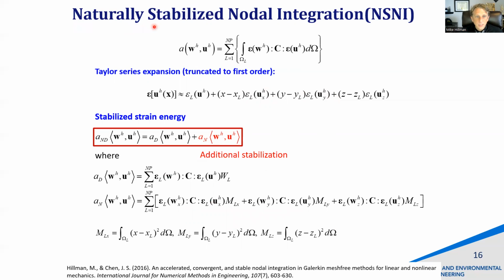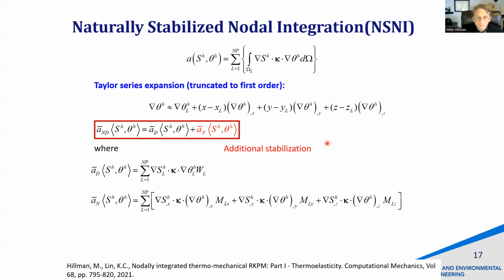Now we call this naturally stabilized nodal integration because these terms here are nothing but the moments of inertia. So you can consider it that it's a very natural way to do stabilization. Okay, we did the same thing for the temperature field now. So we look at the gradient of the temperature field. In a more general case, you could do the gradient of flux if you have a nonlinear law for your temperature field.